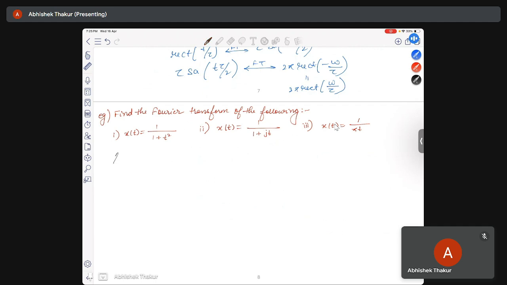So we can see here, we know that the Fourier transform of e^(−a|t|) is given as 2a divided by (a² + ω²). Okay.